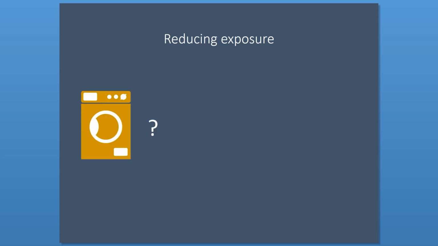So what do we do about reducing exposure from clothing? Well, it's tricky. This gets back to the question of what consumers can do individually to reduce their exposure to chemicals in their environment. The thing is, we can't do a whole lot. There are a few things we can do, but on the whole, changing behavior is difficult, can be expensive, and is also sometimes impractical.